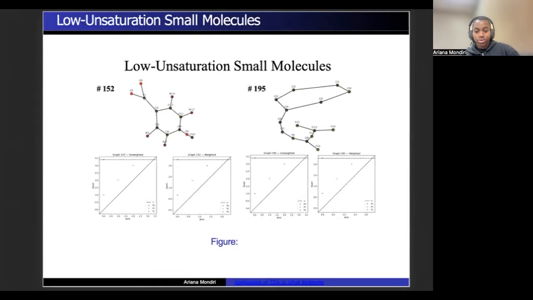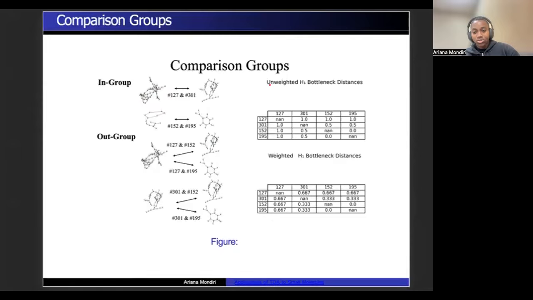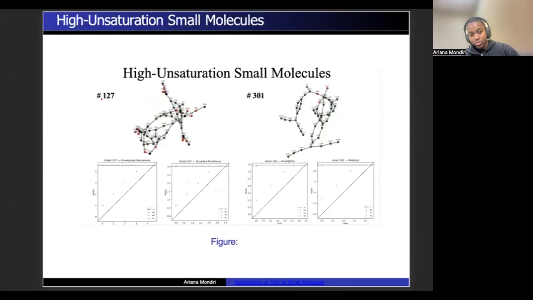But if you go further in our analysis and we consider the bottleneck distances, we can see an interesting pattern. So first, we compare the bottleneck distances of the molecule 127 and the other three molecules. As a reminder, the molecule 127 is the one that exhibited the most differences in the persistence diagrams.